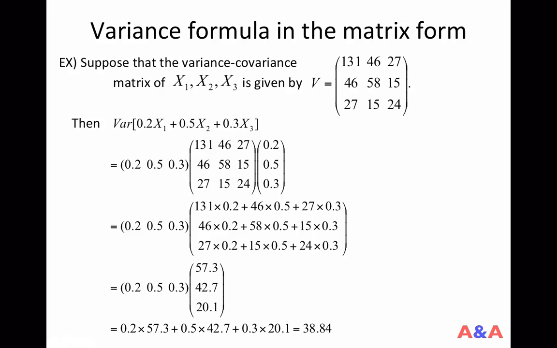And after that, it's just matrix multiplication. Here, I first compute V times the second W, and then I multiply the first W to the outcome. If you proceed, you eventually get 38.84. So that's the variance of this linear combination. Okay?